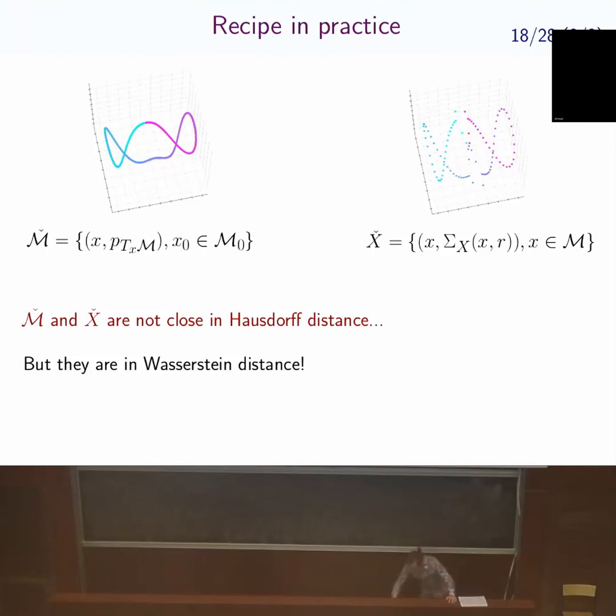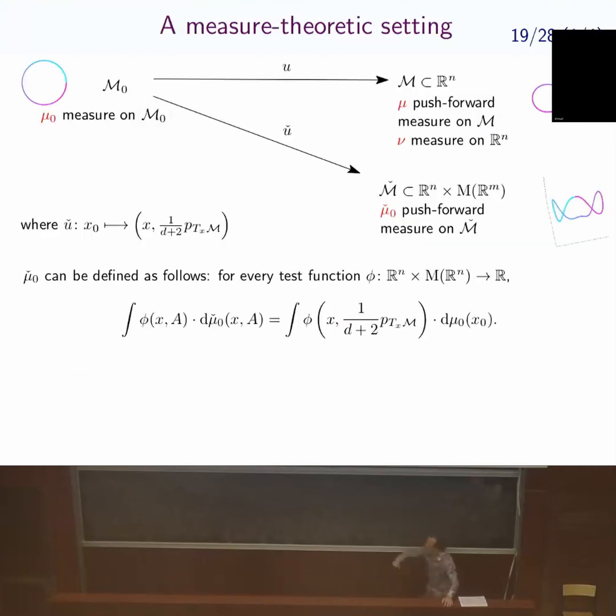So let's go. From now on, M0 will be endowed with a measure, mu0. If I push forward this measure via the immersion U, I obtain mu. I define mu like that. And in this context, we are observing mu or a close measure, nu.